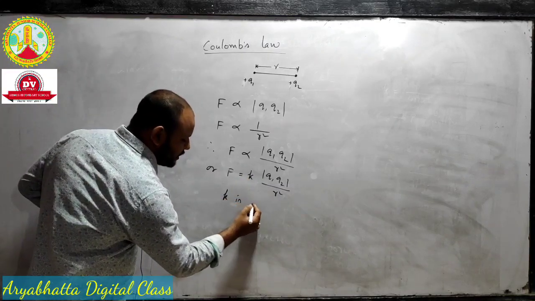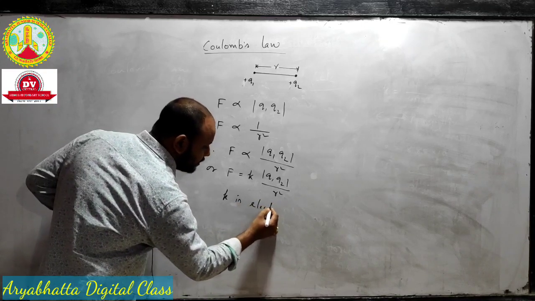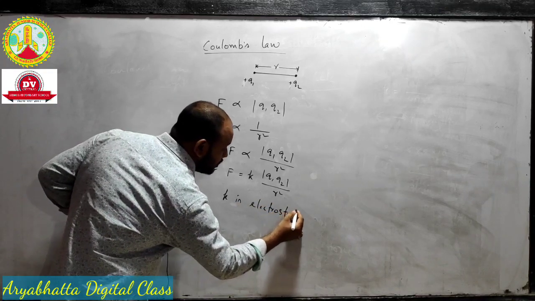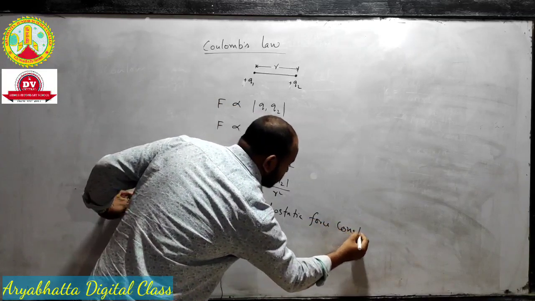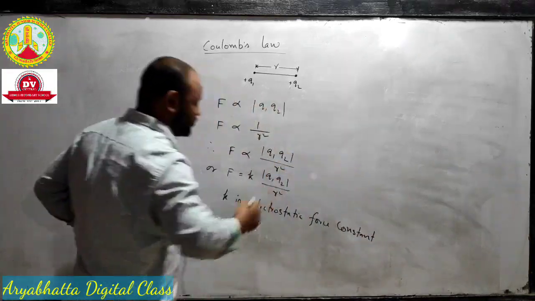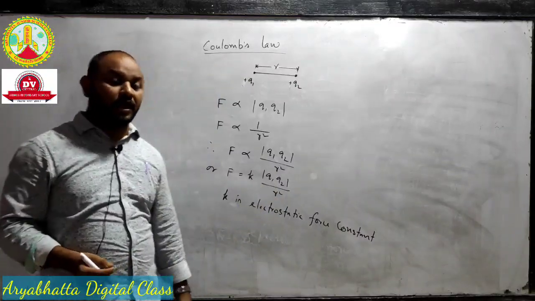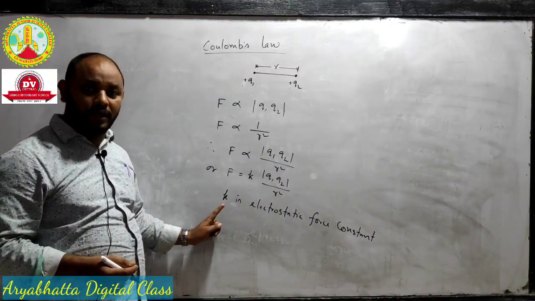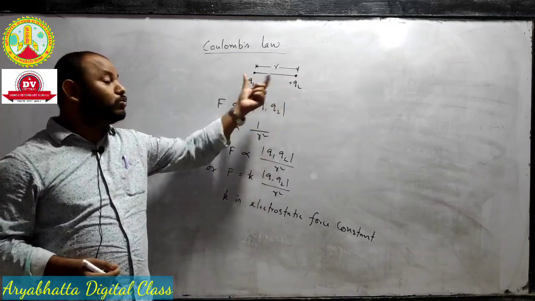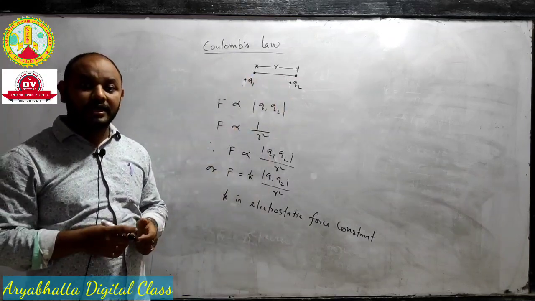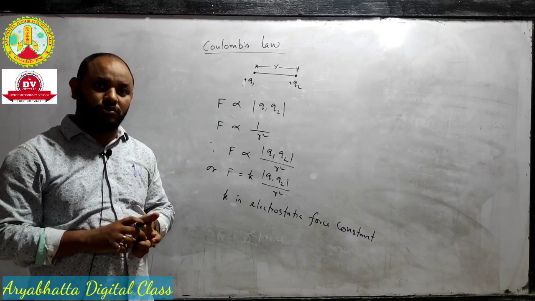K is the electrostatic force constant. The value of K depends upon the nature of the medium between the two surfaces and the system of units we use.